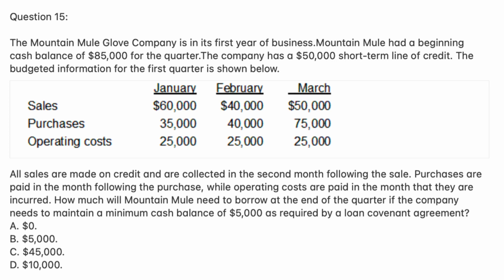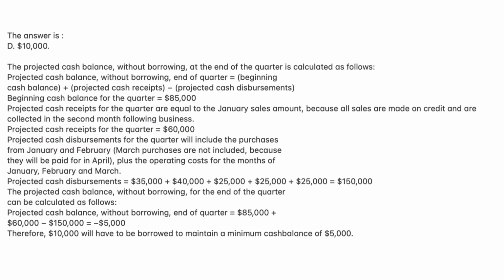A. $0. B. $5,000. C. $45,000. D. $10,000. The answer is D. $10,000. The projected cash balance, without borrowing, at the end of the quarter is calculated as follows. Projected cash balance, without borrowing, end of quarter equals beginning cash balance, plus projected cash receipts, minus projected cash disbursements.